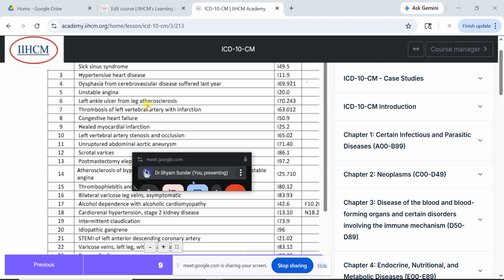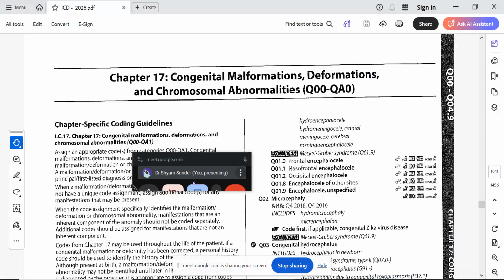So what do you do? Take the main term atherosclerosis, and under atherosclerosis, look for leg.